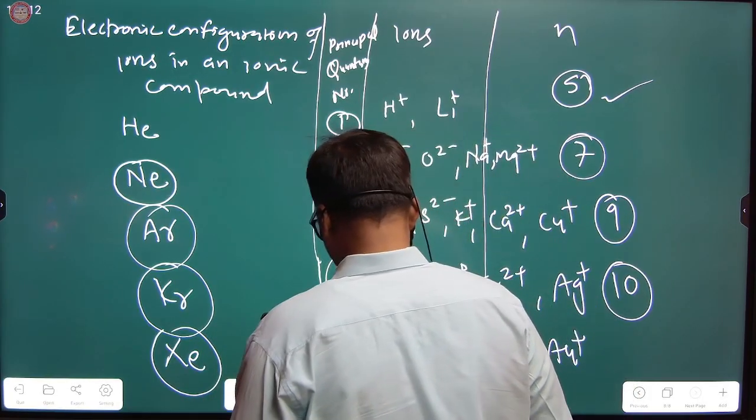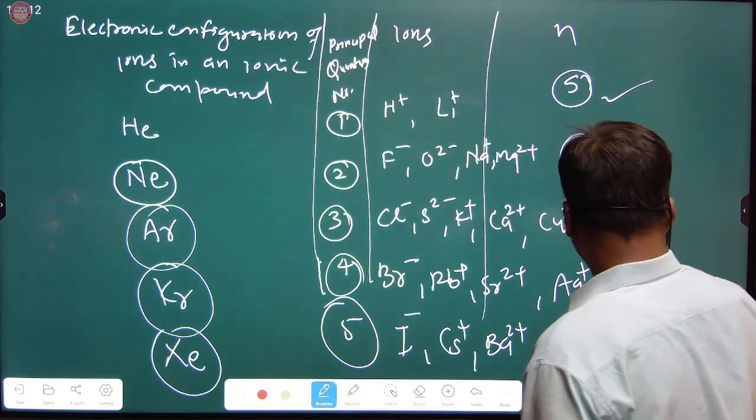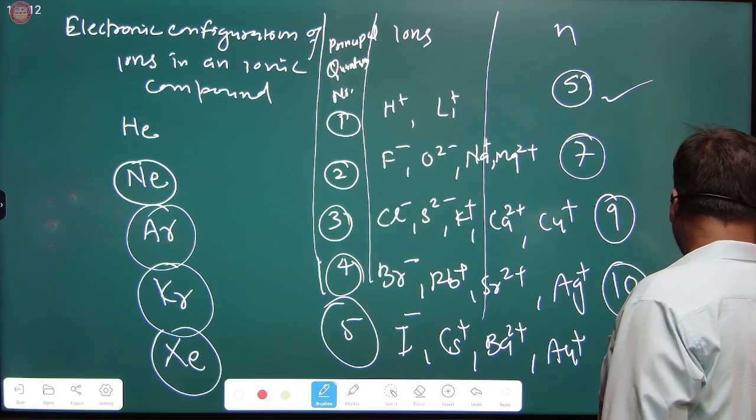In this case, the Born exponent is very high, that is 12.